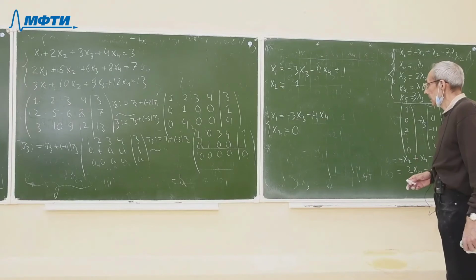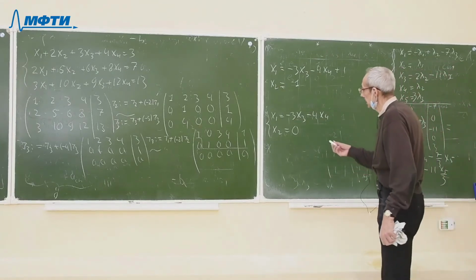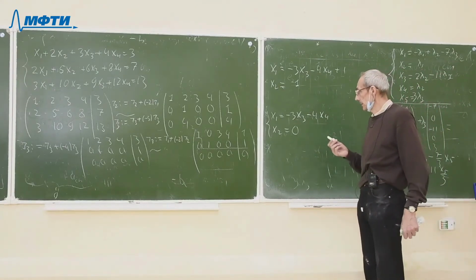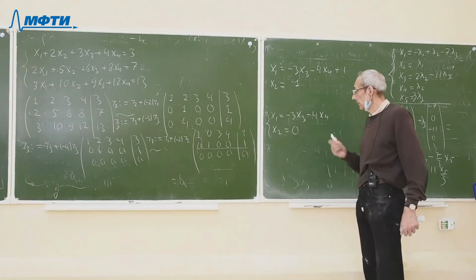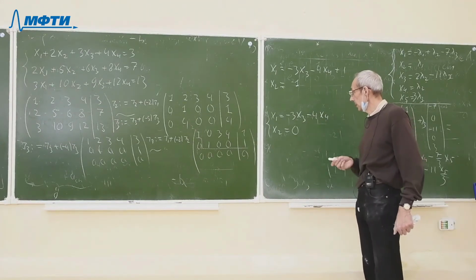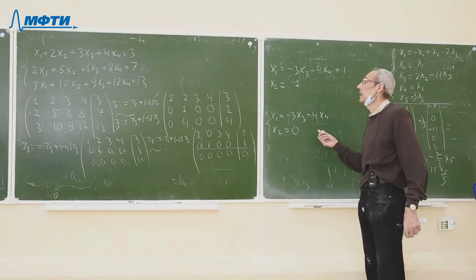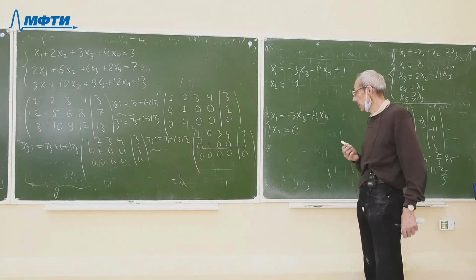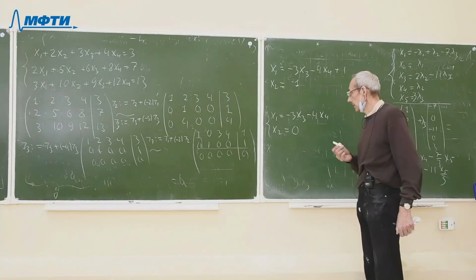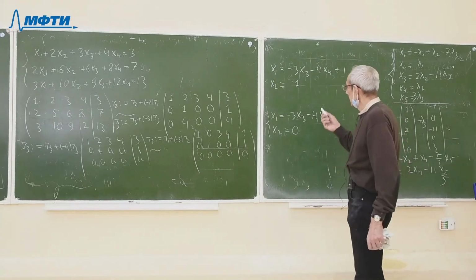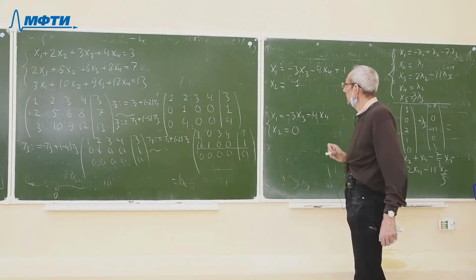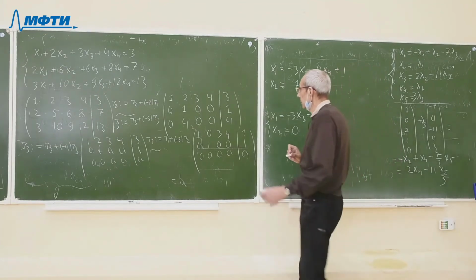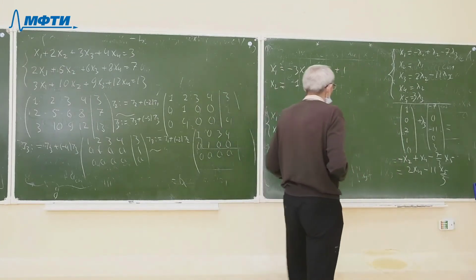The last step, let's obtain the general solution of the corresponding homogeneous linear system as a linear combination of the basic solutions, and obtain some partial solution of the non-homogeneous linear system.